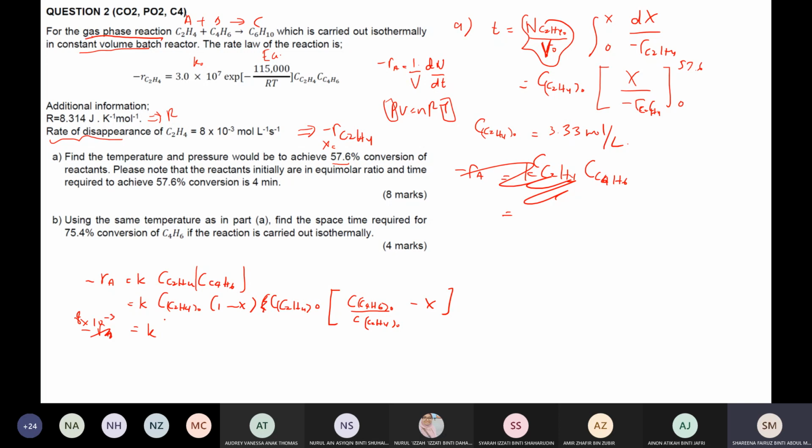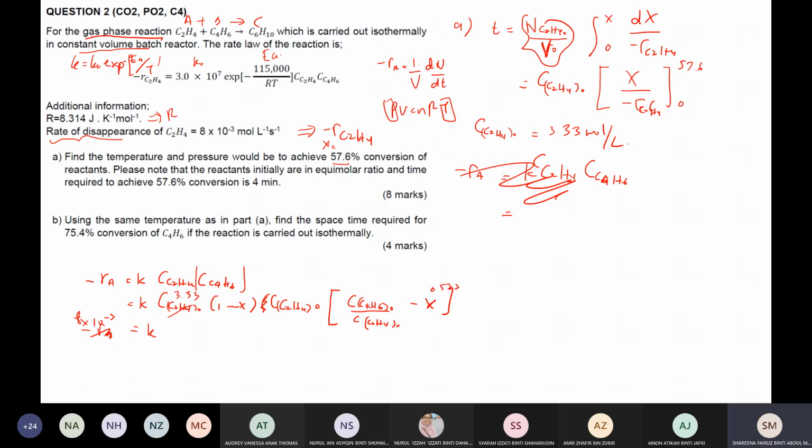K kita tak tahu, sebab this is K naught ya. Sebab kalau you ingat dekat Arrhenius equation, this one would be K is equal to K naught exponent negative E over RT. So this is K naught yang dia beri. So kita tak ada K. So you can cari nilai K. So rearrangekan dia. So this one is 3.33 yang you dapat tadi. So this one is 0.57.